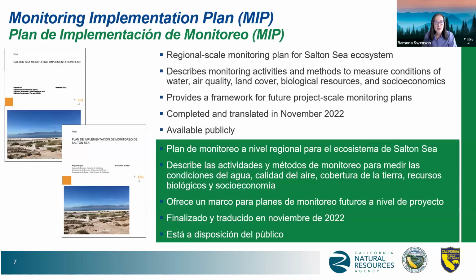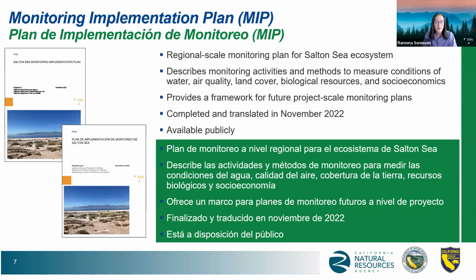As you can imagine, monitoring the Salton Sea ecosystem and surrounding areas is really important for informed decision-making. The monitoring implementation plan was designed as a regional scale monitoring plan for the Salton Sea ecosystem. This describes monitoring activities and methods to measure the conditions of important resources such as the water, air quality, land cover and habitat, biological resources, and socioeconomic indicators.